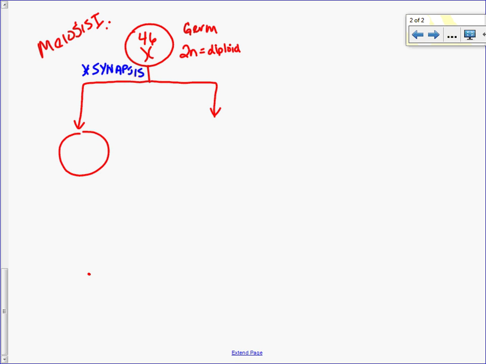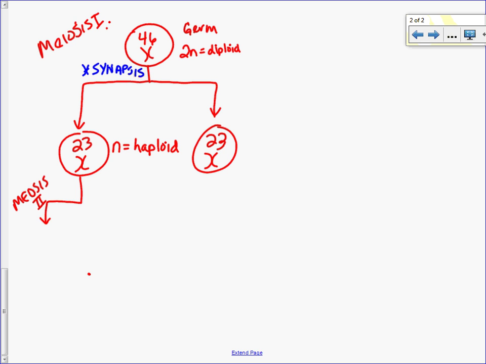Now what comes out of meiosis 1 are 2 cells with 23 chromosomes each. Now they are a haploid because they're half of the parent cell. Now we go into meiosis 2, where these 2 cells now go through all of the stages of prophase, metaphase, anaphase, telophase.